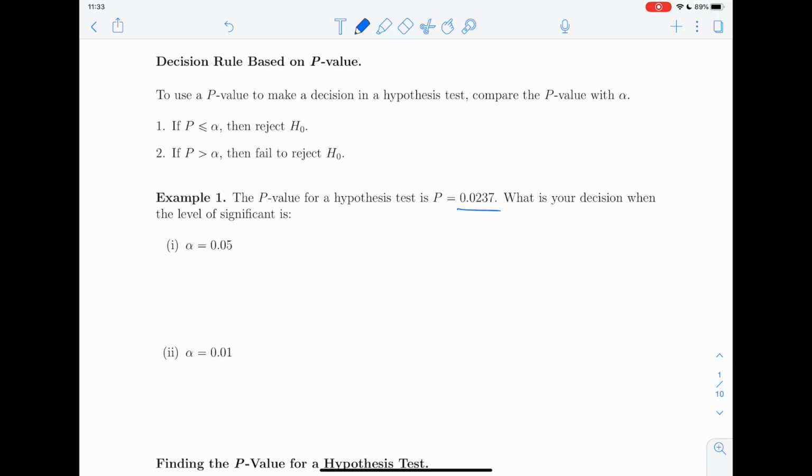For example, maybe you're okay with your level of significance being 5%. In this case, since your p-value, 0.0237, is indeed less than 0.05, our conclusion is that we're going to reject the null hypothesis.